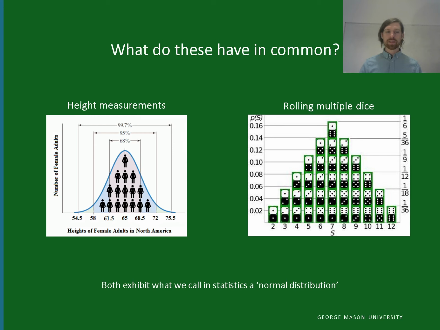The key point is, when you think about the normal distribution, as you see here on the left with height measurements, when you see the shape of the bell-shaped curve, think of it in terms of there being data values underneath it. Essentially, we're drawing a line through the peaks of those data values.